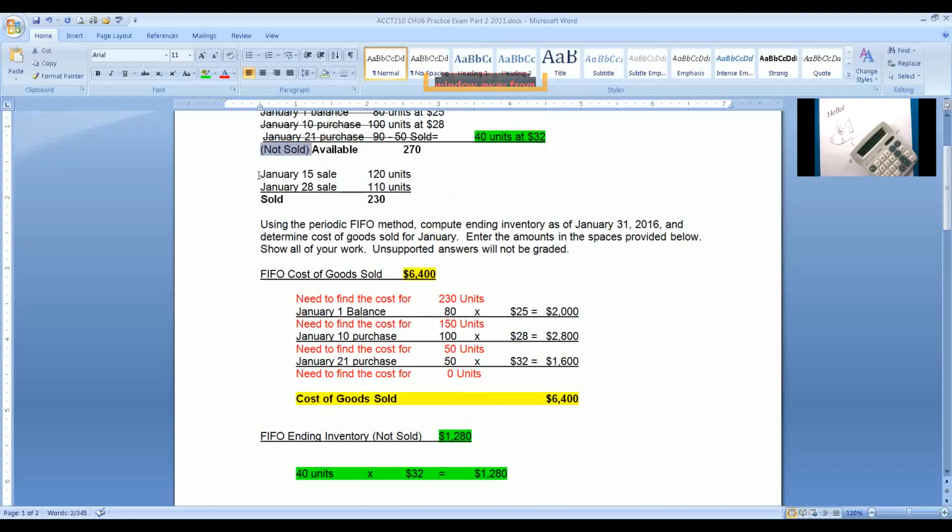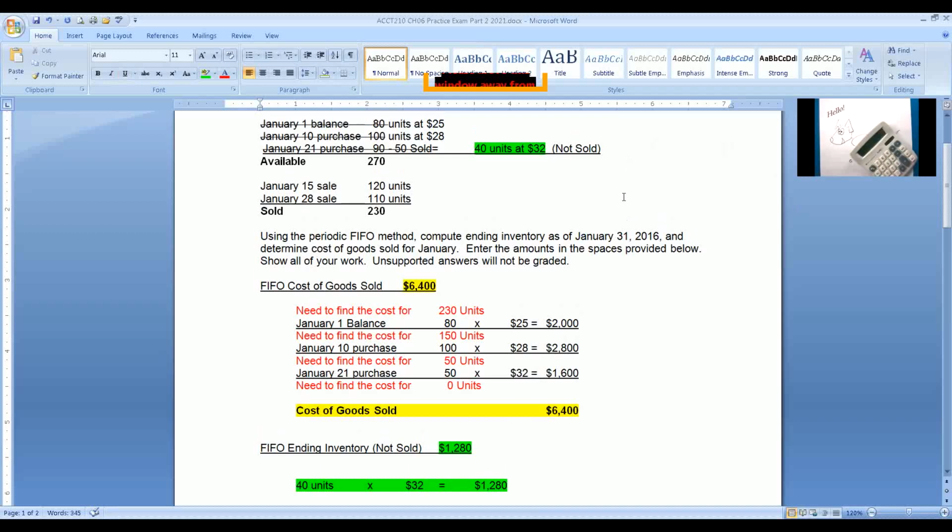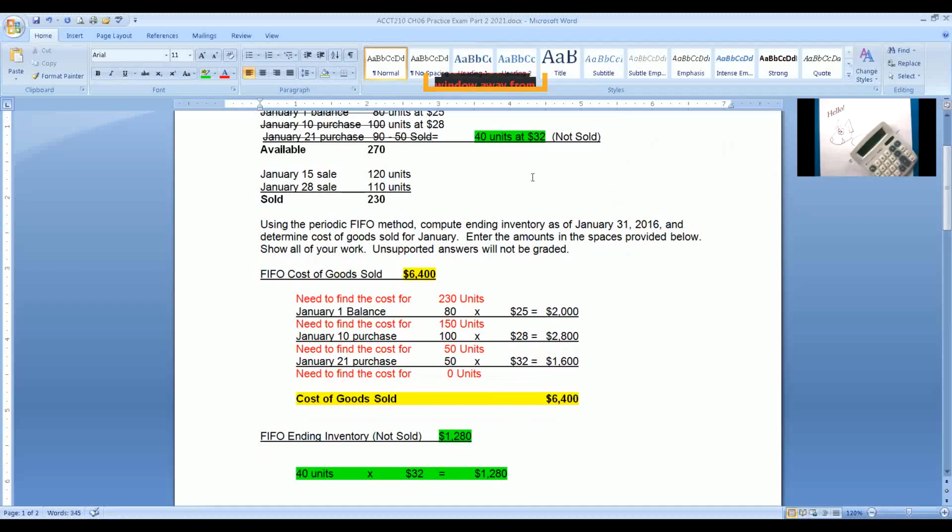I don't know. Oh, there's some weird kind of thing going on here. Okay, well, regardless of my inept Word document. Yeah, so 32 were not sold.